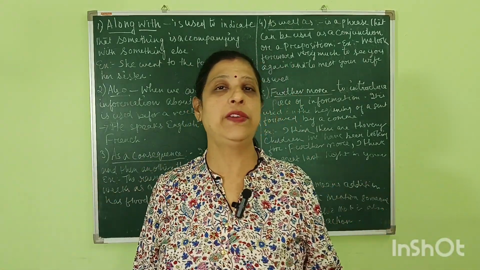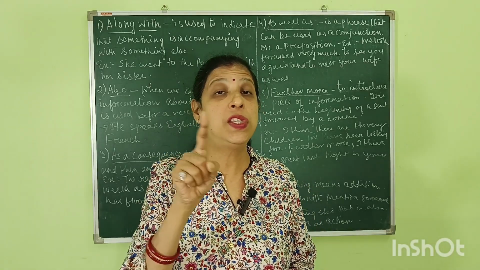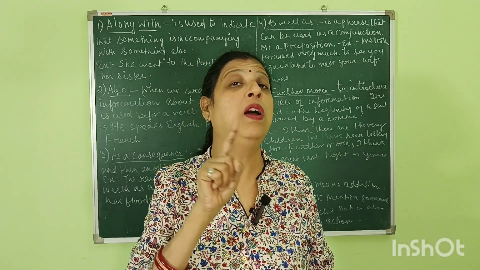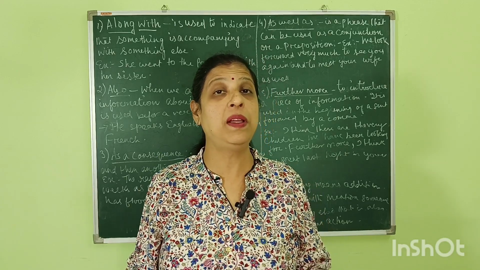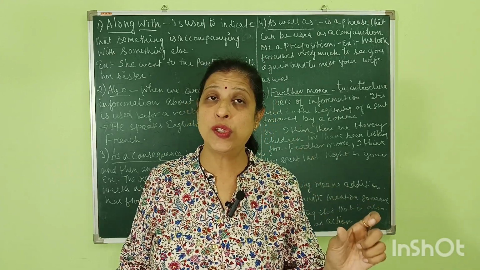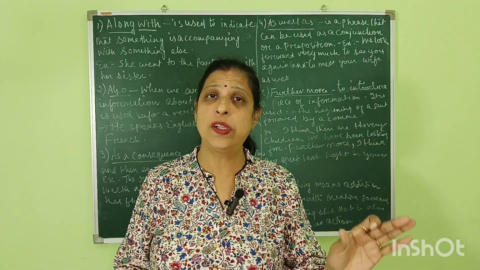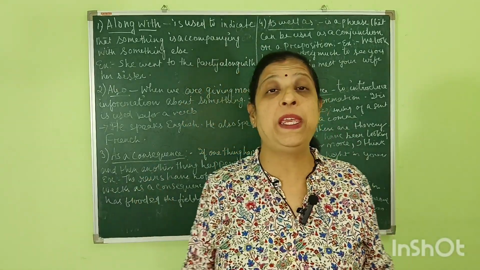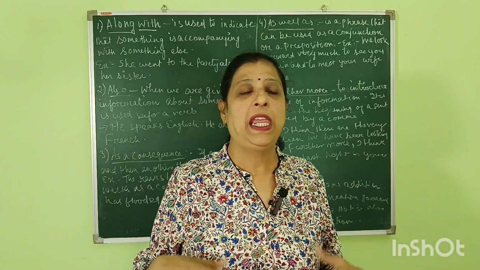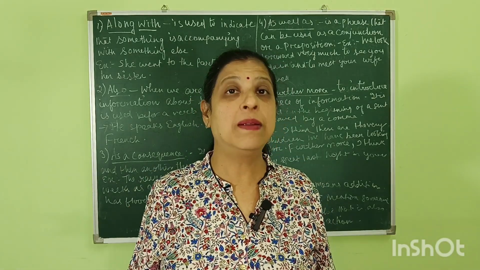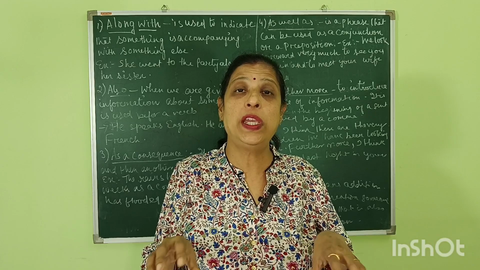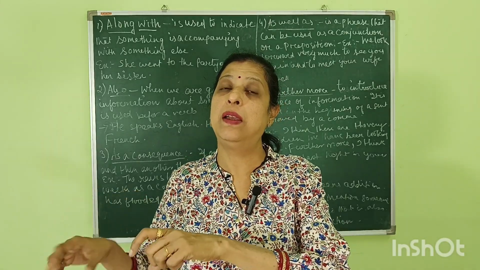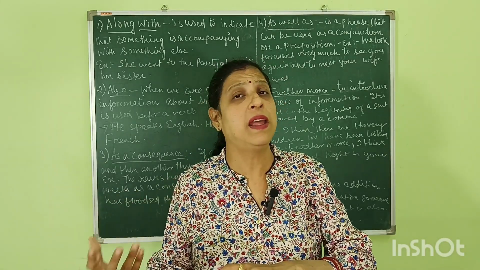And remember one thing, children, also is used before a verb. Always remember, when we use also, also is used before a verb. So here, he speaks English. He also speaks French. Okay. Also is used before a verb here. Speaking is an action word.